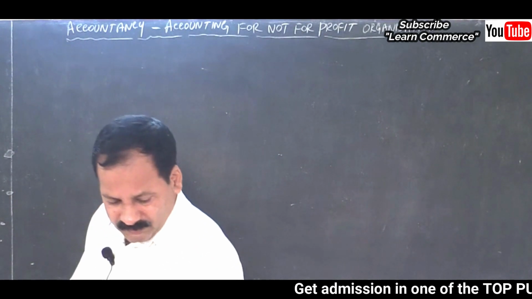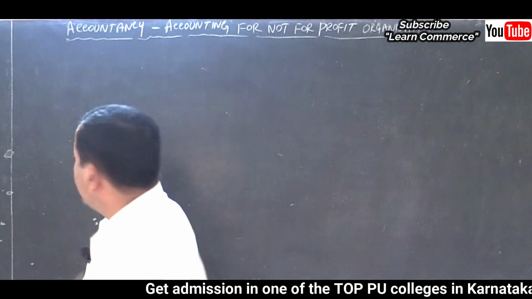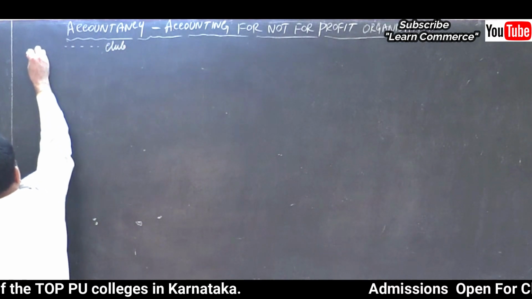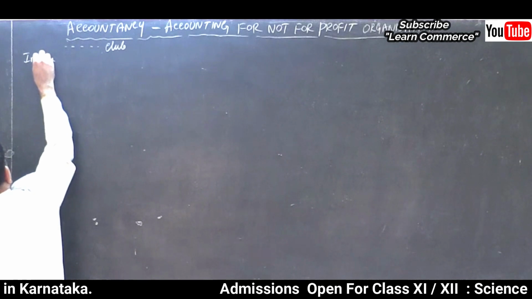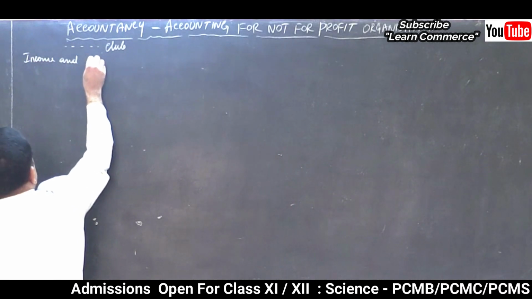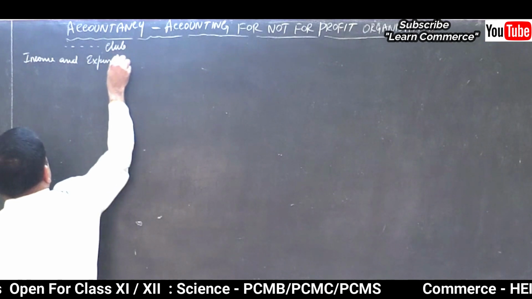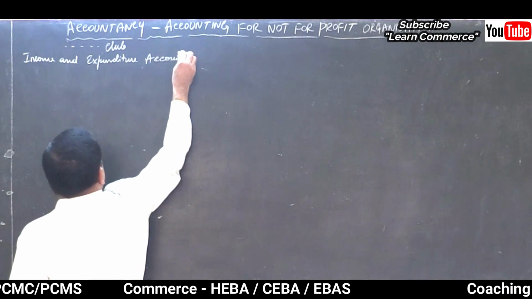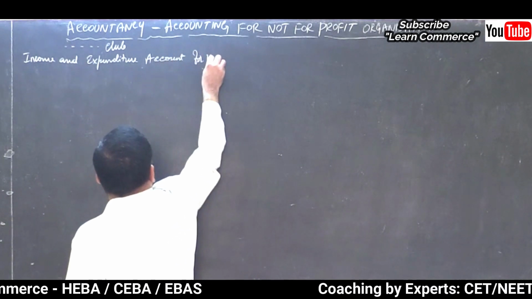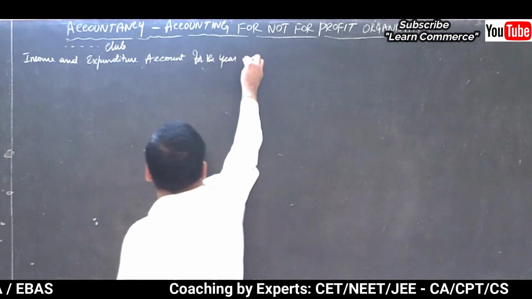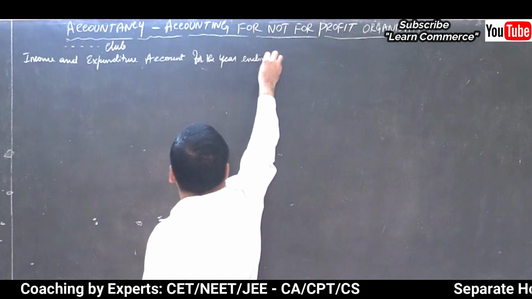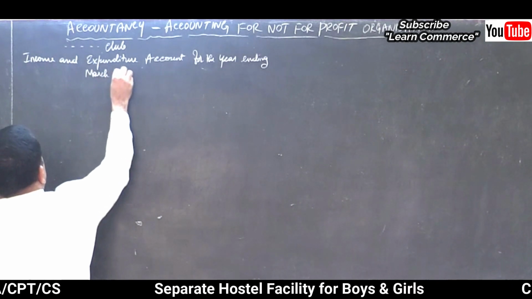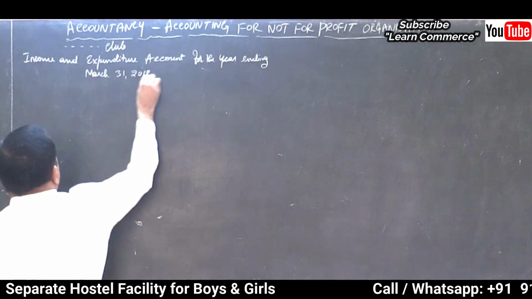Start. Name of the club is not given. Dash dash dash club. Income and expenditure account for the year ending March 31st, 2018, right?